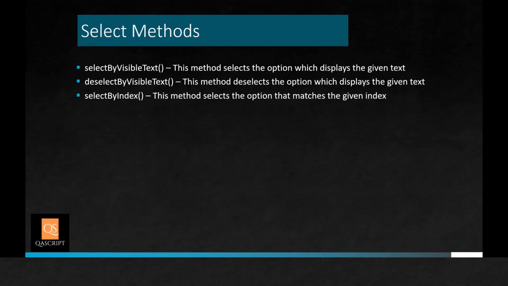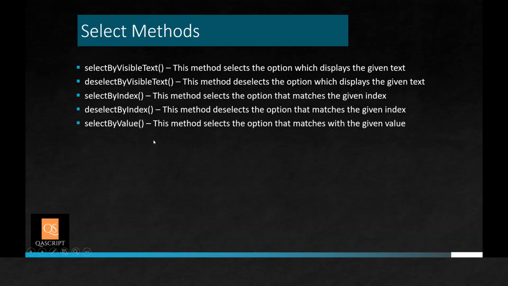You can pass any particular index, or you can also do it randomly, based on some random number which you are generating within a particular range, and that will basically randomize your test. Similarly, deselect by index will deselect the option that matches the given index.